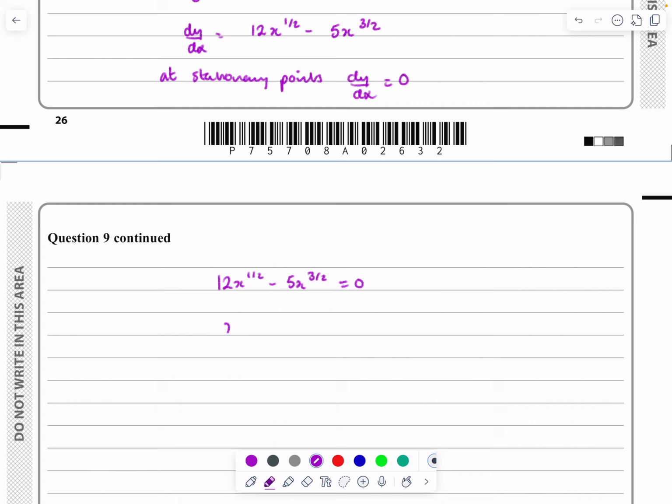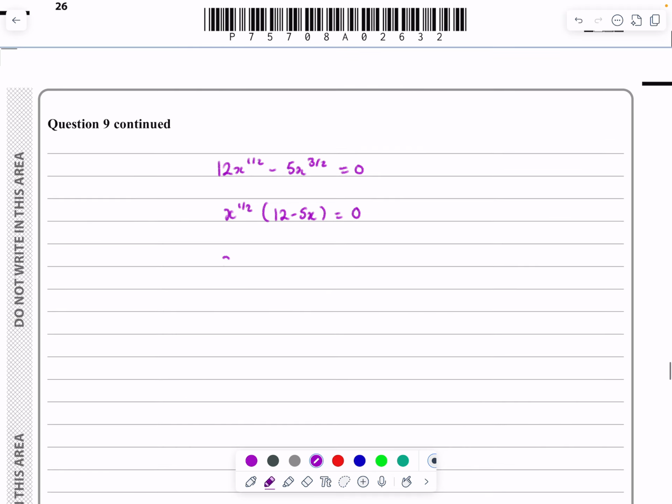Let's take x to the half out as a factor, which will leave me 12 minus 5x equals 0. So I either get x to the half equals 0, which will give me x equals 0, or I get 5x equal to 12, x is equal to 2.4.